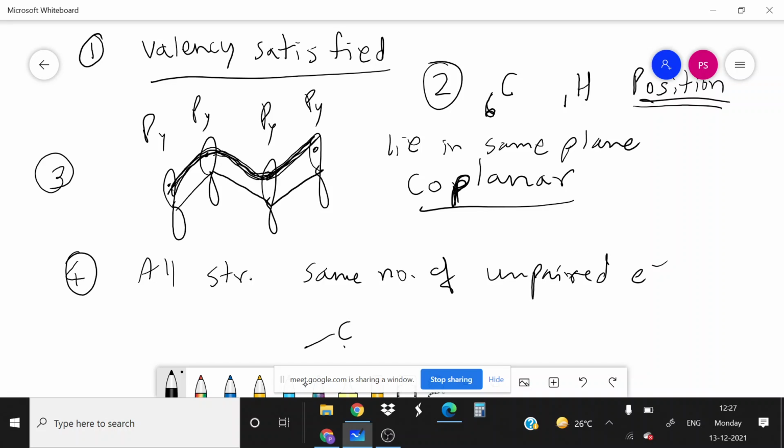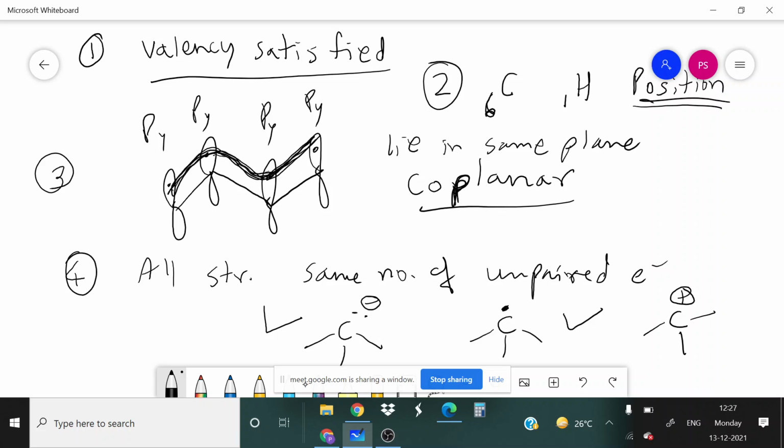Suppose carbon with 3 valency with negative charge, and carbon with 3 valencies with one unpaired electron, fourth valency unsatisfied. So you tell me how many unpaired electrons are there in carbon negative, that is carbanion, and here in carbon free radical, and here in carbocation.